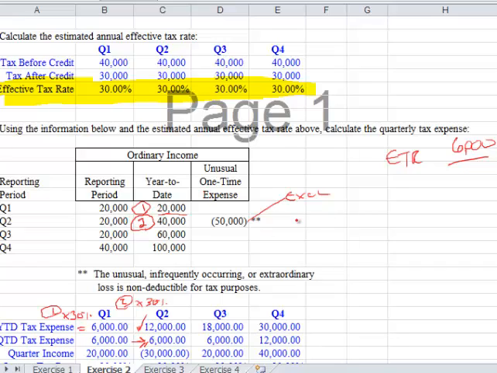So we know that for Q2, our quarterly income is $20,000 of kind of normal operating profits, offset by $50,000 of a one-time loss. So that means for the Q, our denominator is actually going to be a negative $30,000.